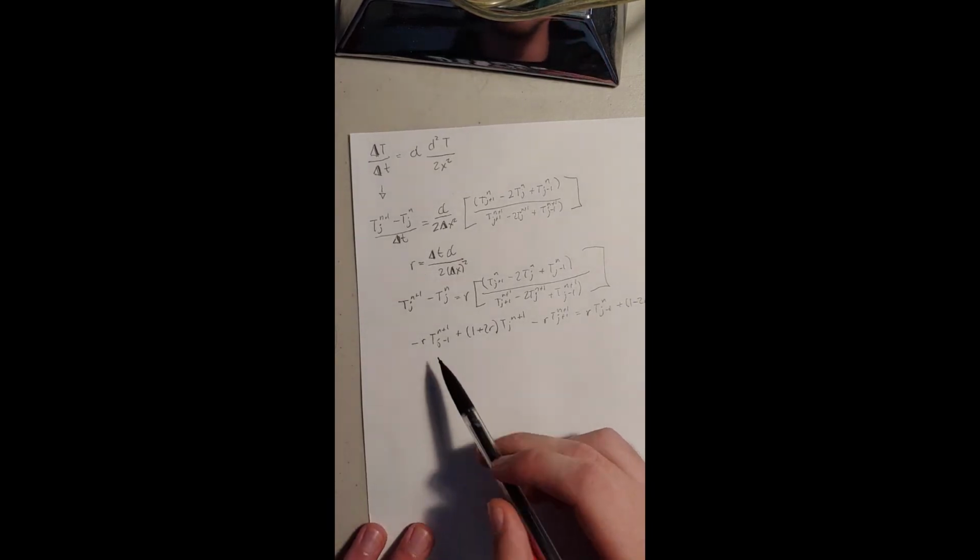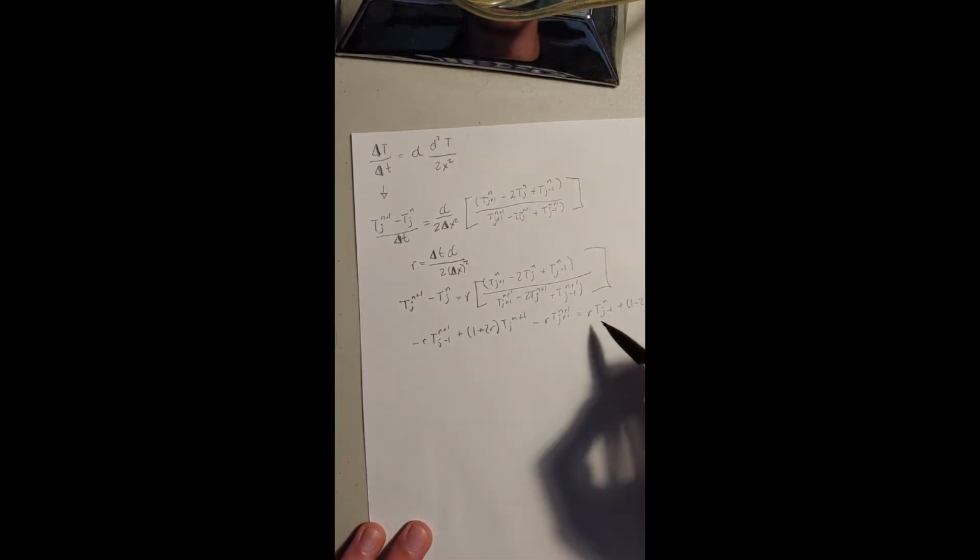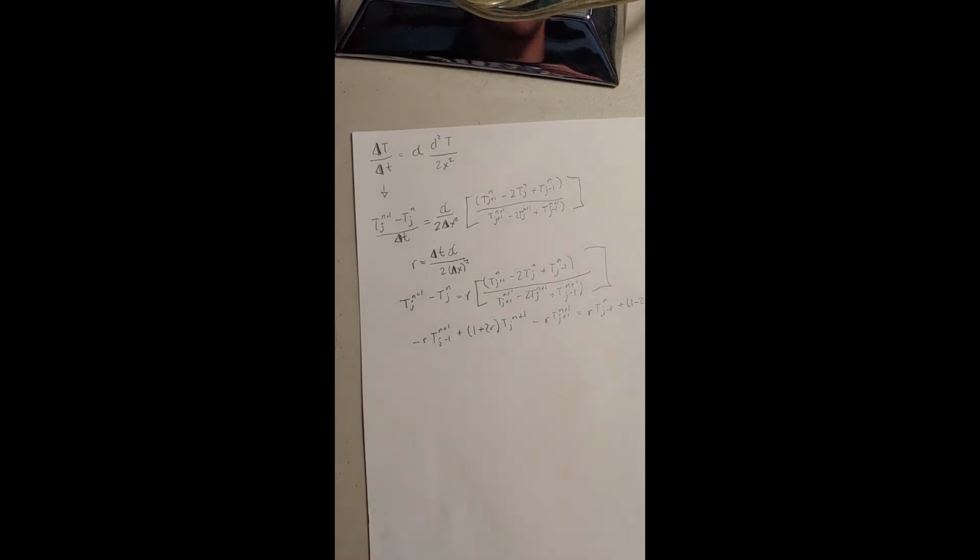Okay, so this side is our unknowns, and we know this side because this is the initial, or time 0.